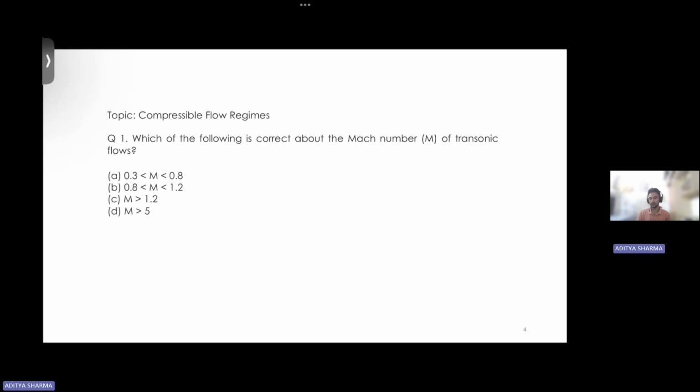After this point is crossed, the flow starts becoming compressible, or the compressibility cannot be ignored in this case. If you see, all the options are for the compressible flow zone, because everything here is greater than 0.3.